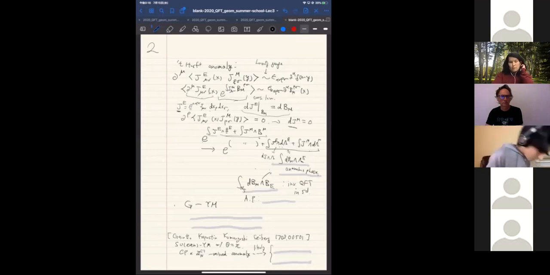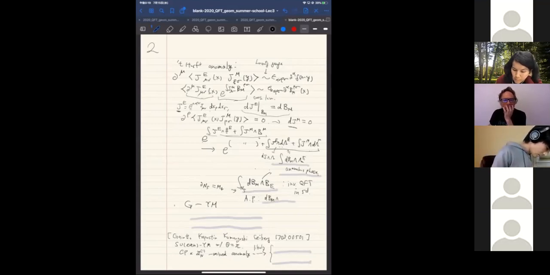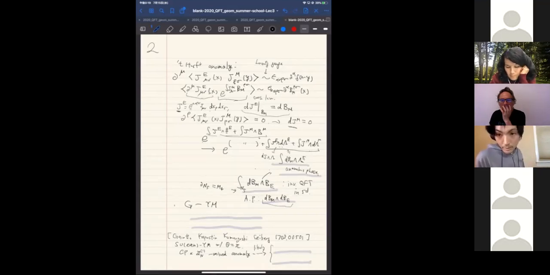Here of course N5 is such that its boundary is your spacetime manifold. You can go further and hit it with the differential d, and you get the anomaly polynomial, which is this. So it means that there is a mixed anomaly between the electric one form symmetry and the magnetic one form symmetry.